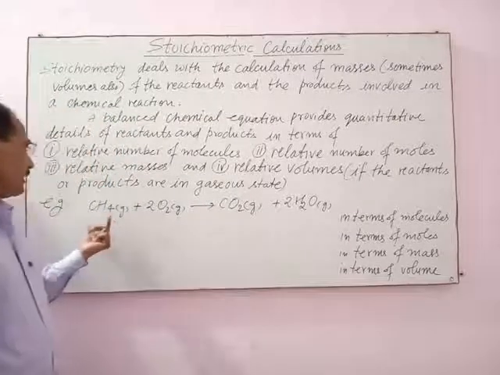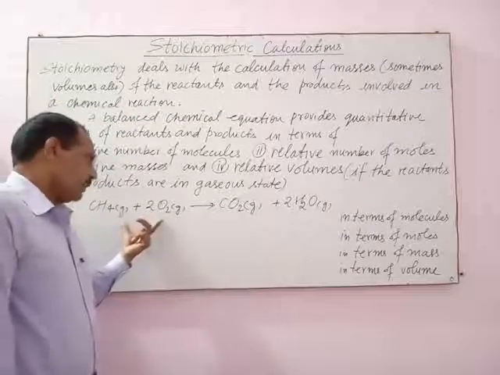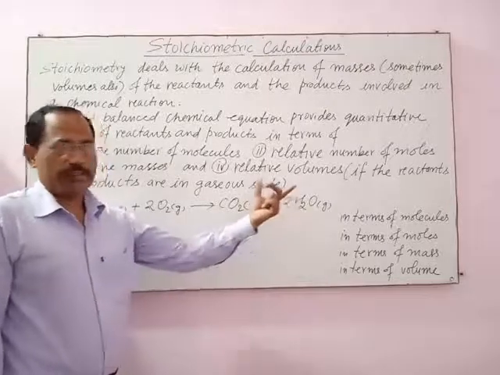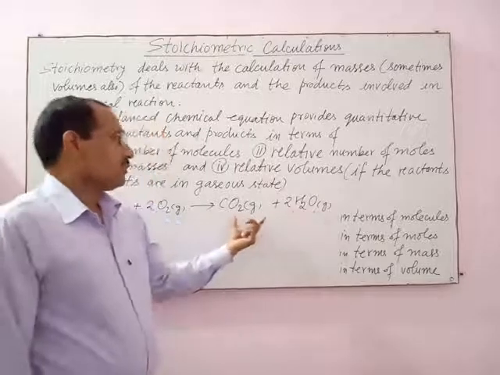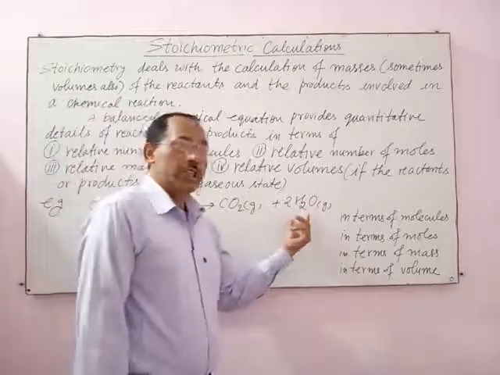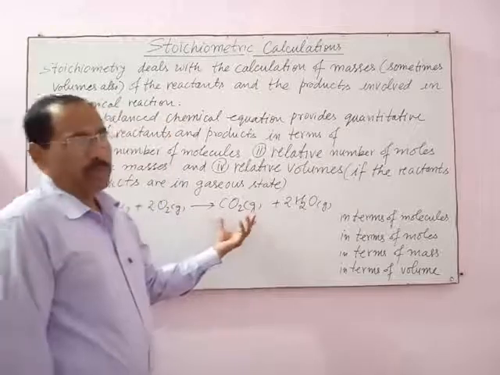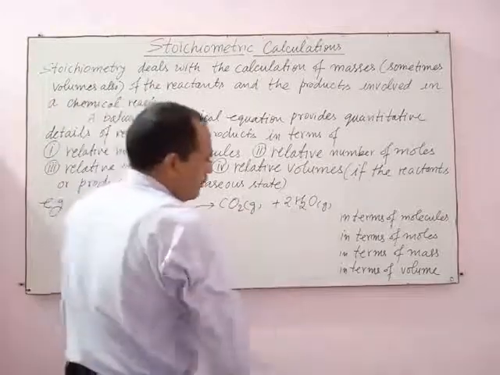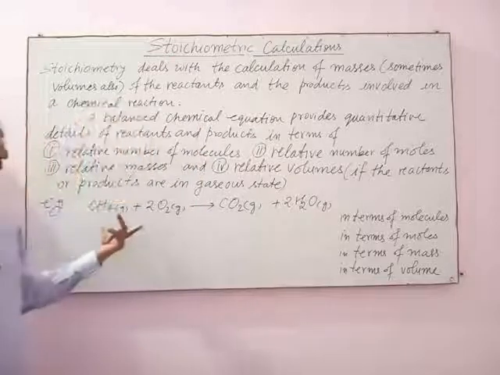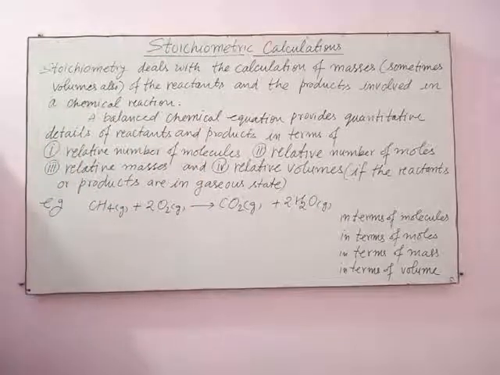Means reactants react together and give products in forward direction. Carbon dioxide and water gas, means water vapor or steam, are the products of the reaction. So these are the reactants and these are the products in this particular chemical reaction.